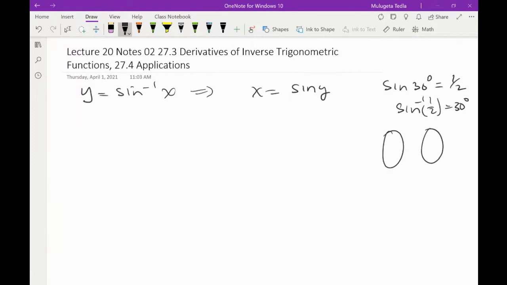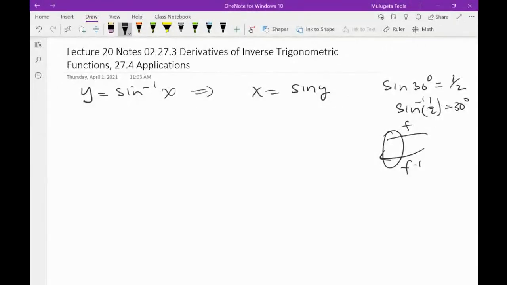This is f, and f inverse will be going backwards. That's the inverse function. It's very, very important in mathematics.